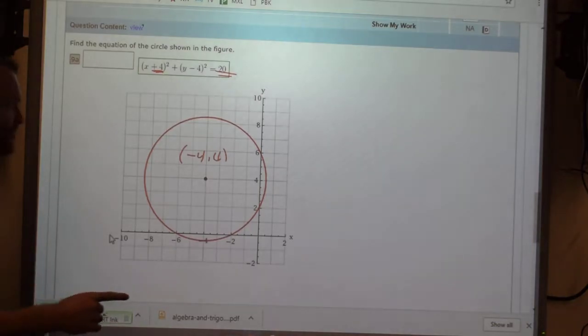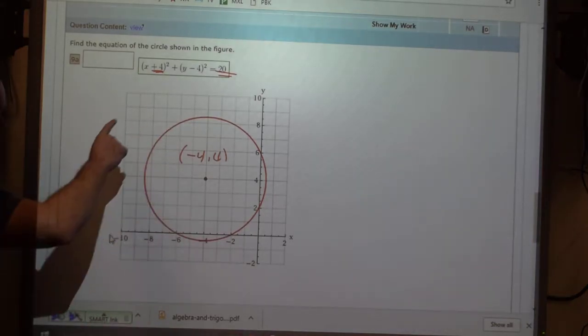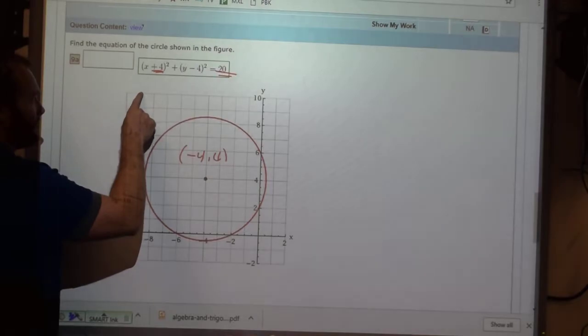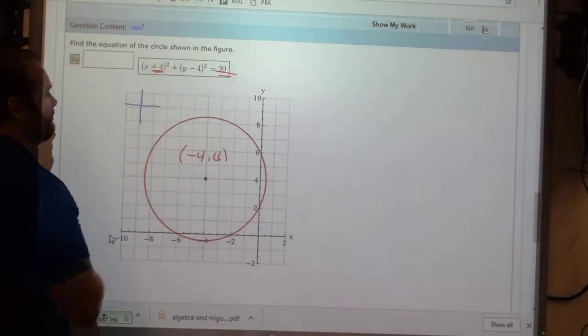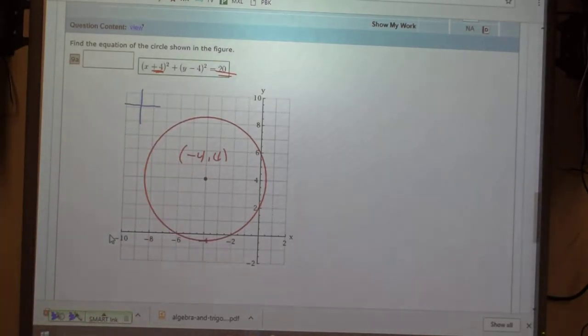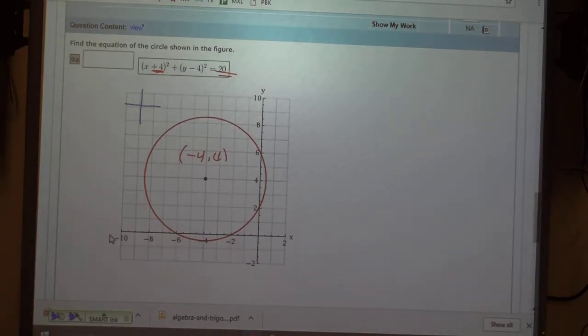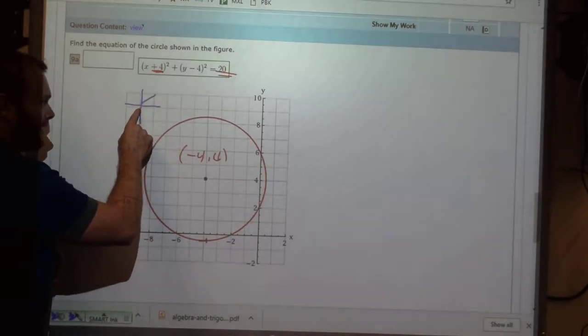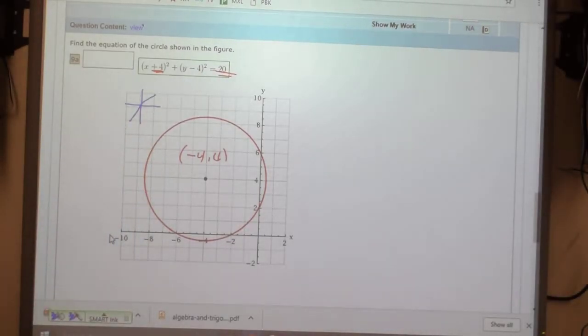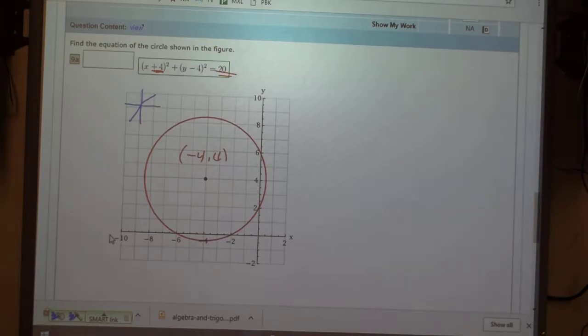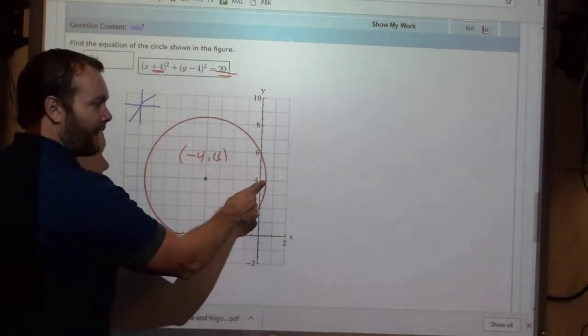But if we go around the circle here, what I want to do is find some points that intersect at grid lines. Now my calibration is kind of off there on my computer, but I want to find a point that I know intersects exactly at the apex of those two grid lines crossing. Because that tells me 100% that I've got whole number, or integer, ordered pairs instead of having to guess what that rational number is.